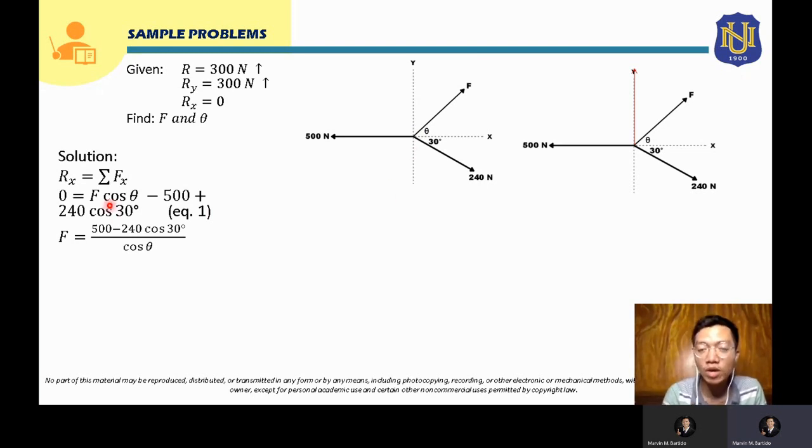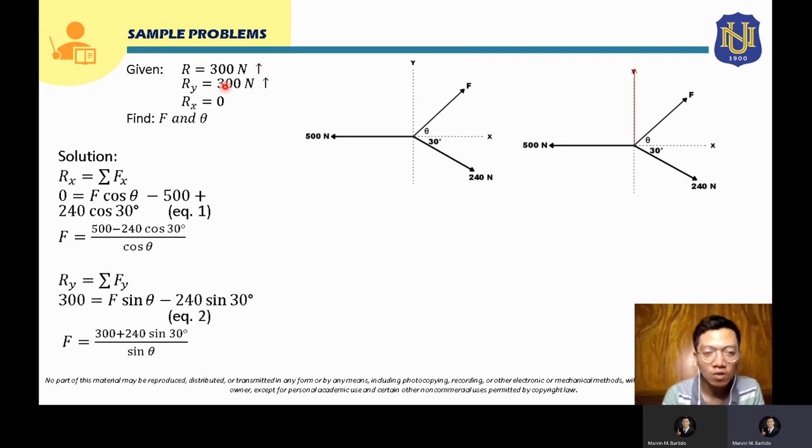And the second equation will be derived from your Ry. Since we have a given Ry, we can use the formula for Ry, which is equal to the summation of all the vertical components of all the forces. So for Ry, we already know that that is 300. Since it is upward, it will be positive, equals the summation of the vertical components of the forces.